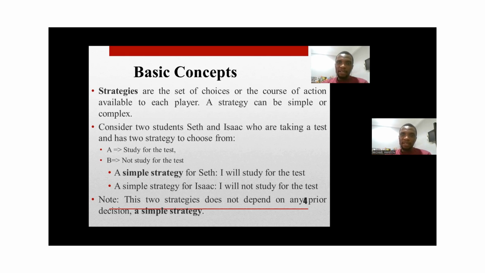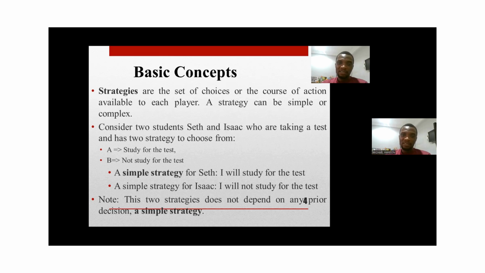Let's take an example. We have two players, two participants of a game. The game is such that there is an exam we need to write, and it's going to be played between two players called Seth and Isaac. Seth has two strategies, either to learn for the exams or not to.